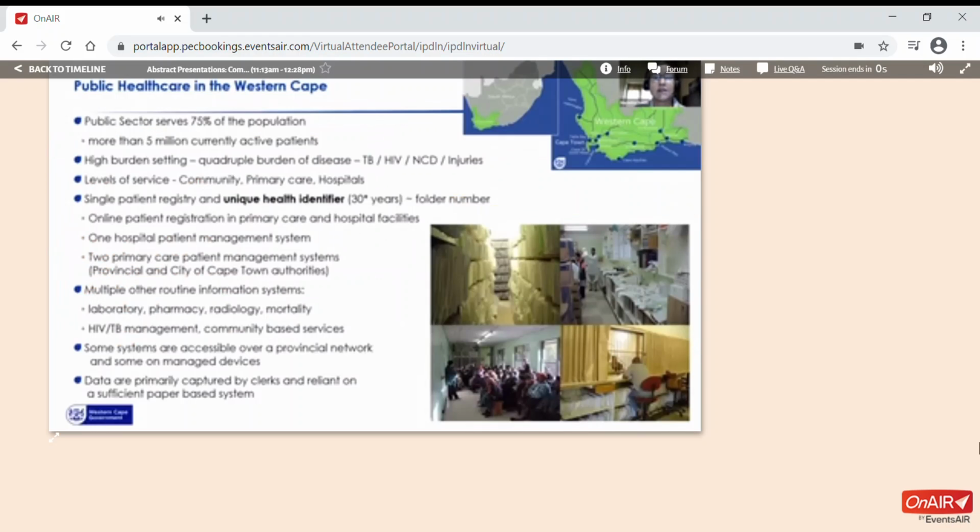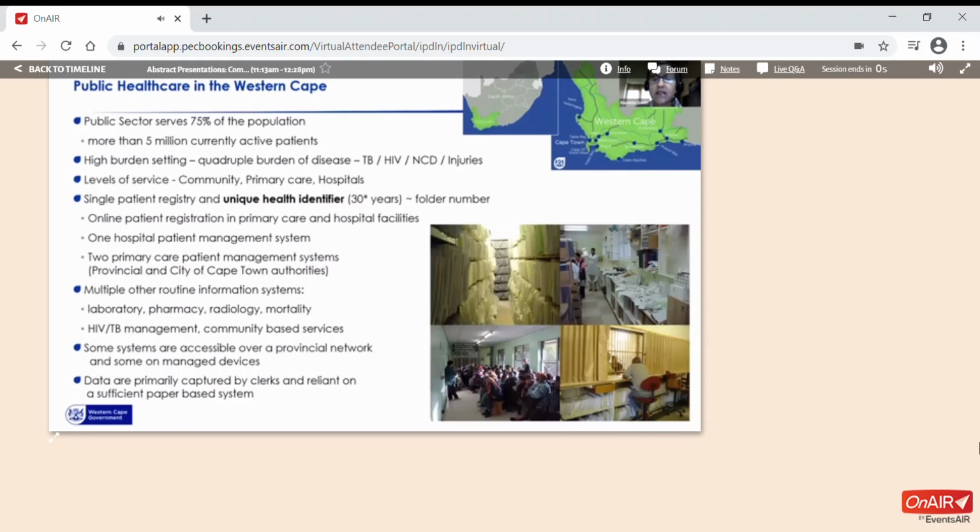So when discussing tuberculosis in the Western Cape, let me just give you a quick overview of the public healthcare system in the province, which serves about 75% of the population, currently more than 5 million active patients. It is a high burden setting with HIV and TB leading, but chronic diseases and injuries are not far behind.